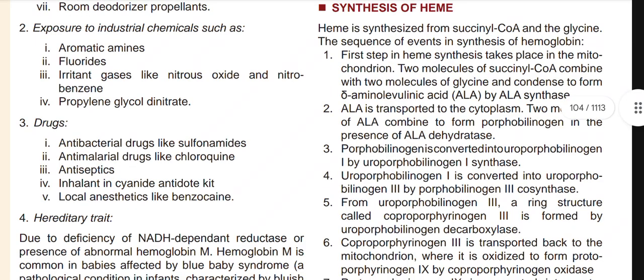Now porphobilinogen is converted into uroporphyrinogen 1 by uroporphyrinogen 1 synthase.